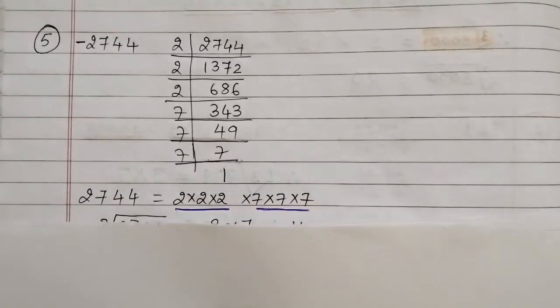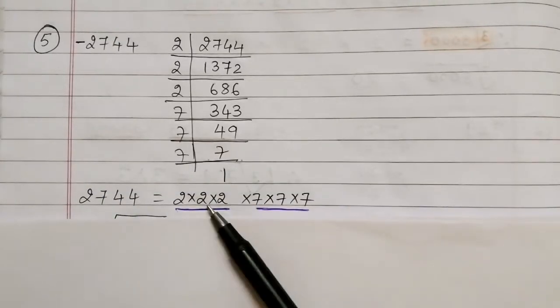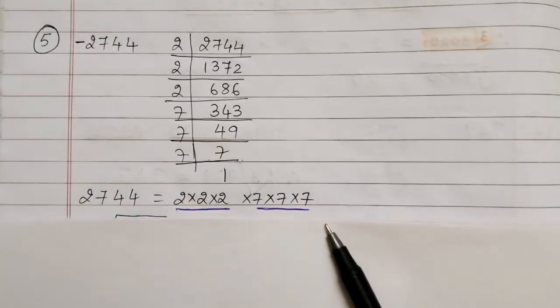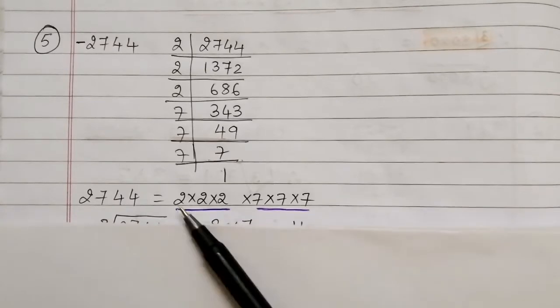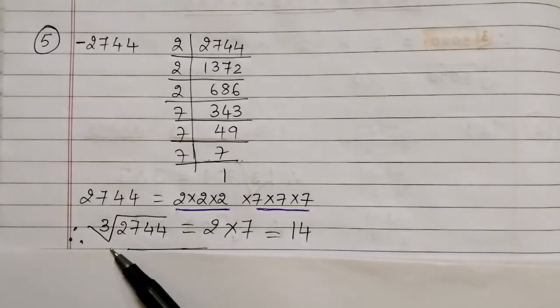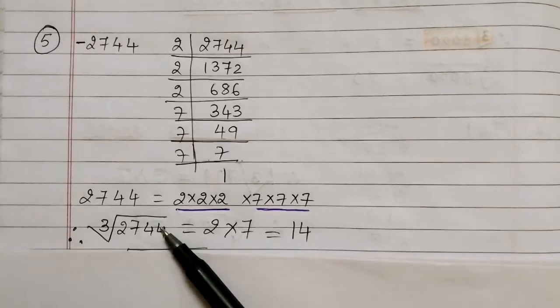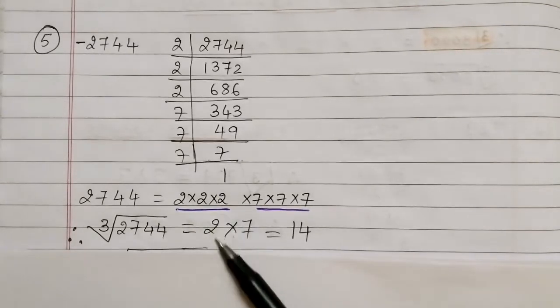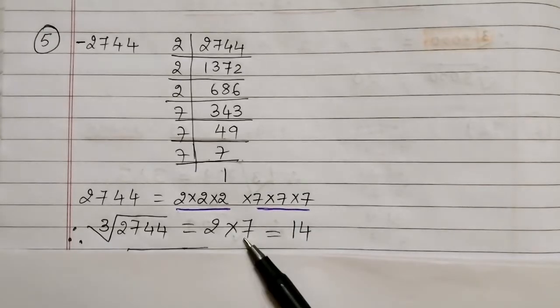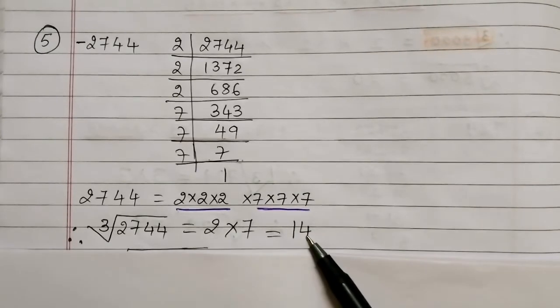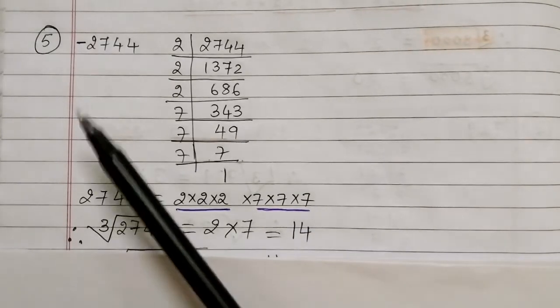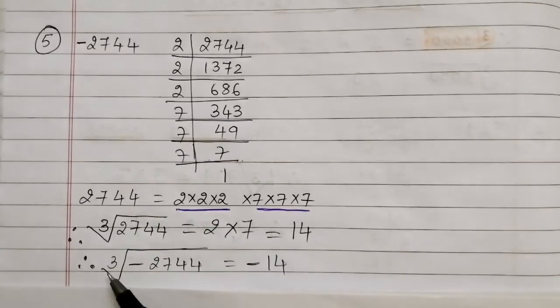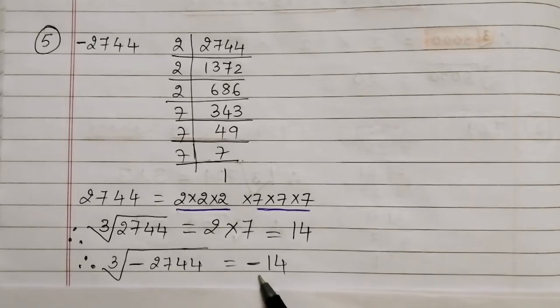Then we will write its product, that is equal to this. Make the group of 3. So cube root of 2744 is one number from this, one number from this. So 2 into 7 is 14. But in the question it is a negative number, so we will write cube root of negative 2744 is negative 14.